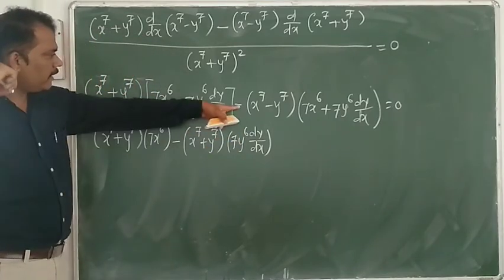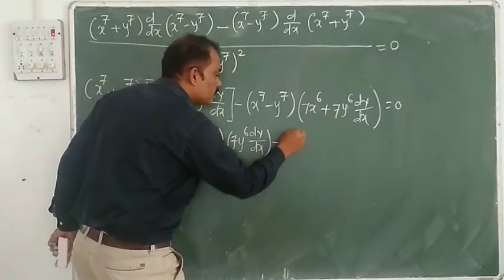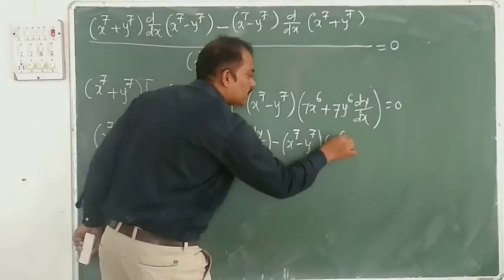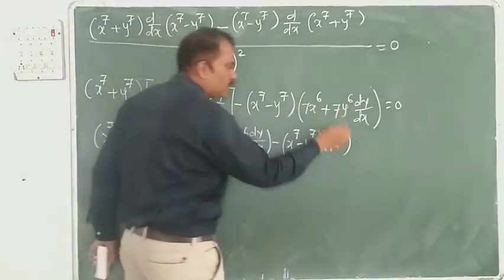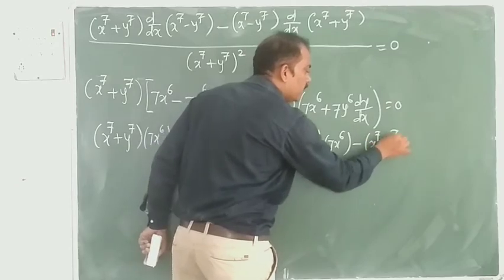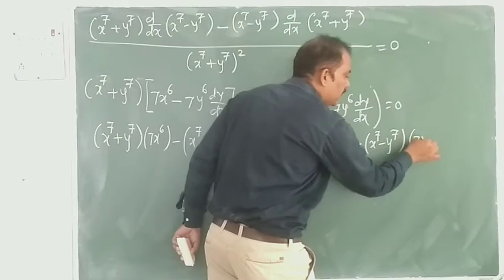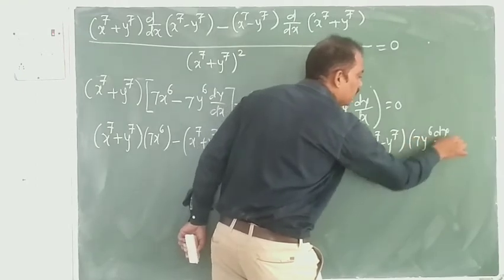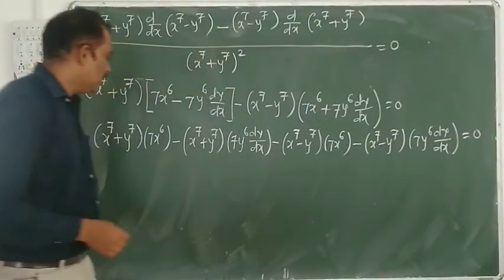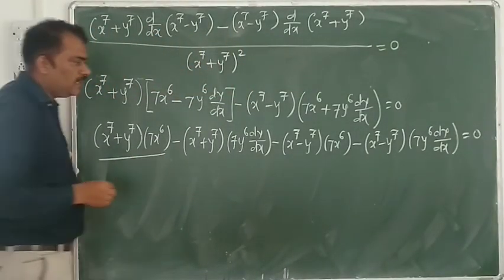Also we have to multiply this bracket to this first term, that is minus (x^7 - y^7) into 7 times x^6. This bracket into this one, minus (x^7 - y^7) into 7 times y^6 dy/dx is equal to 0.